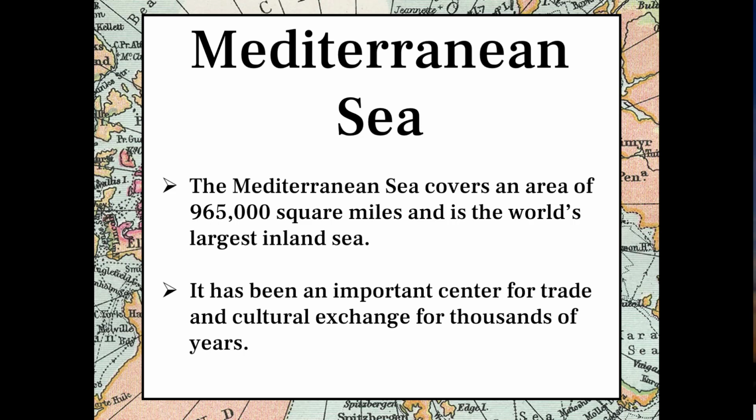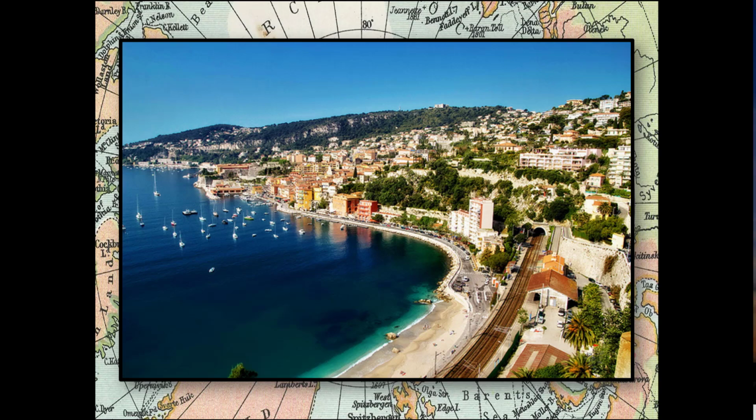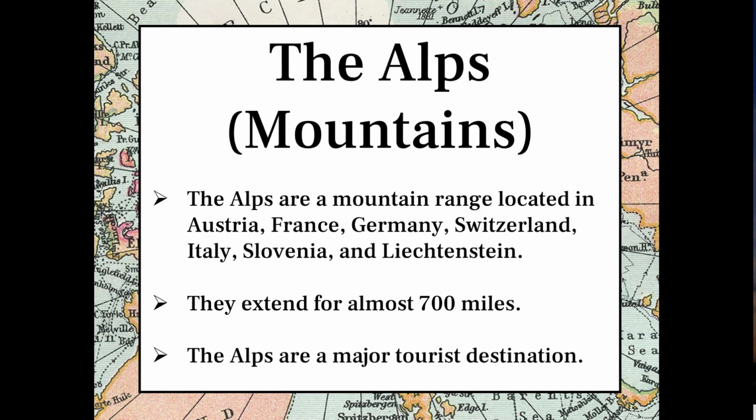It is the world's largest inland sea, meaning the largest sea that is kind of surrounded by land. It has been an important center for trade and cultural exchange for thousands of years. So people have been trading in that area for a long, long time, but also it is a big tourist area, as you can see here.